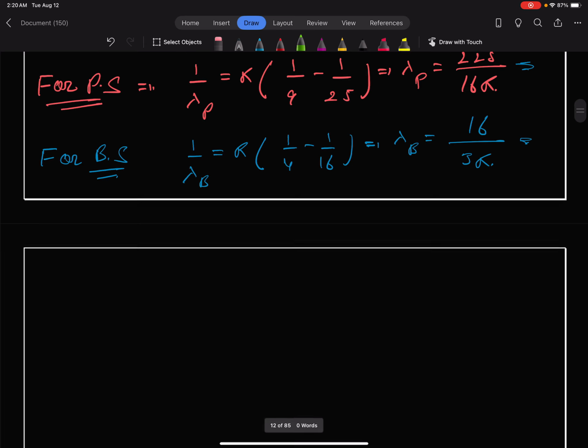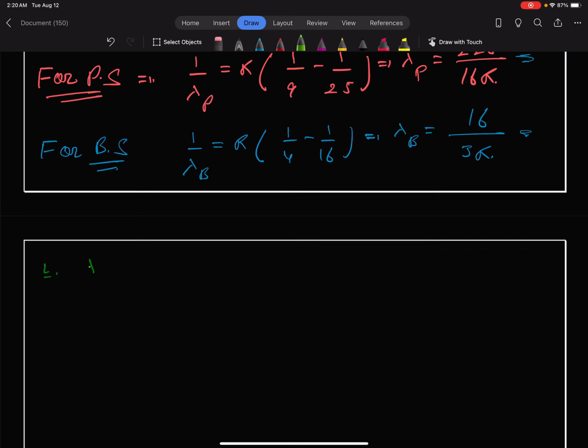So we simply take lambda p minus lambda b, which will be equal to 225 divided by 16R minus 16 upon 3R, and this comes out as 419 upon 48R, and this is given as A lambda, but we also know the expression for lambda.